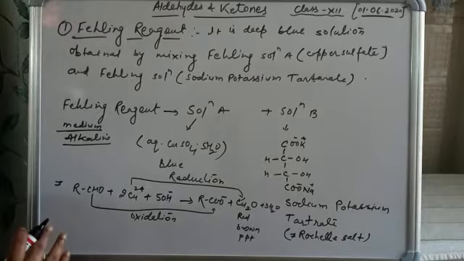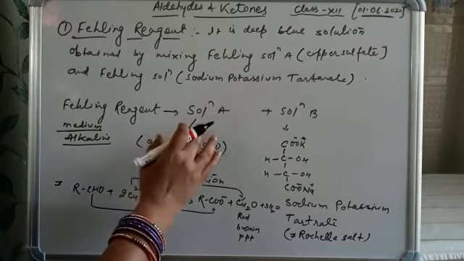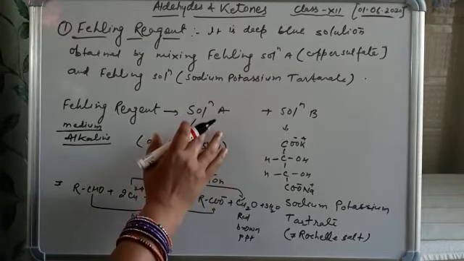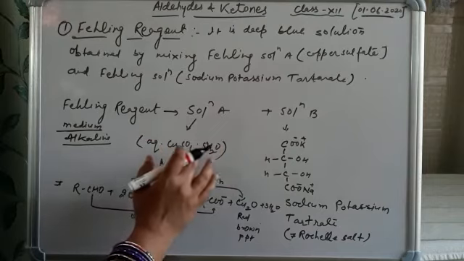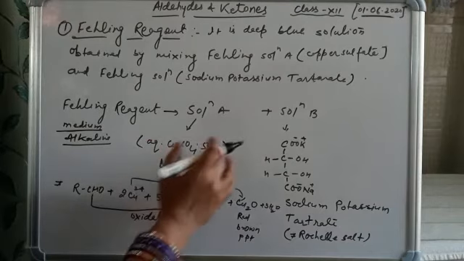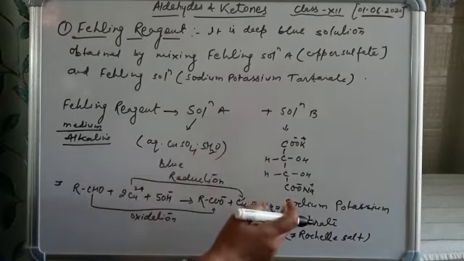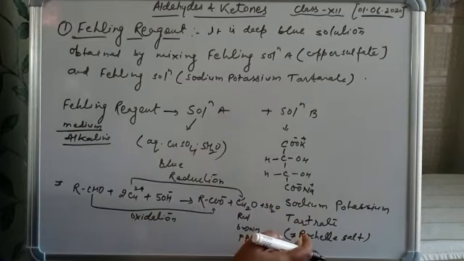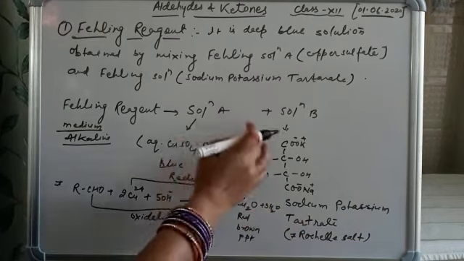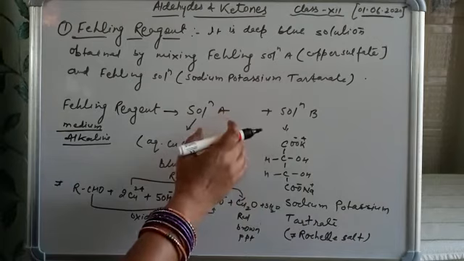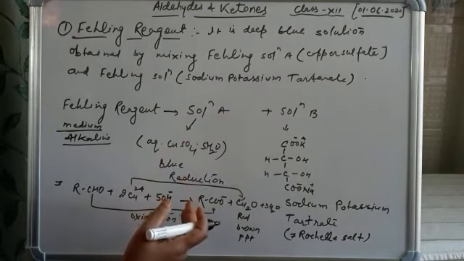At first, see again what is Fehling reagent. Fehling reagent contains two solutions, solution A and solution B. Solution A contains aqueous copper sulfate, which is blue in color, and solution B contains sodium potassium tartrate or Rochelle salt. These two solutions mix together to obtain a deep blue solution.